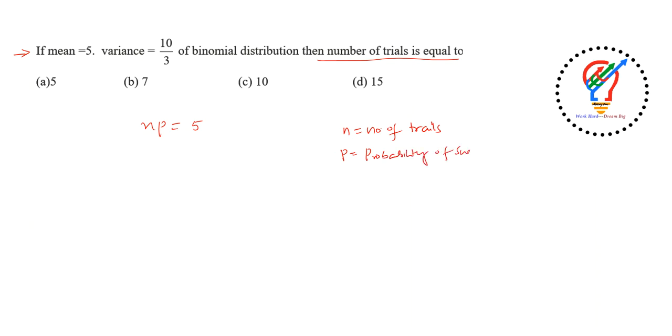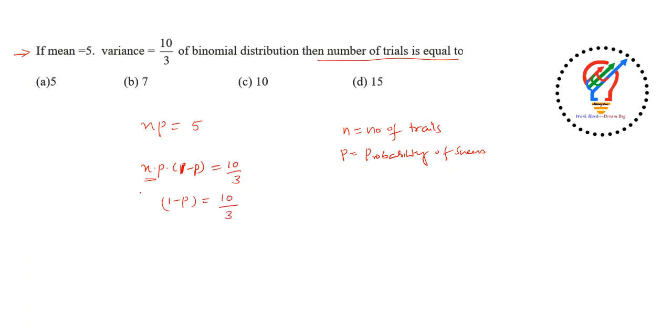As per that, mean is nothing but 5. What is the variance? Variance is nothing but n into p into, sorry, 1 minus p. So n into p into 1 minus p is equal to 10 by 3 here.